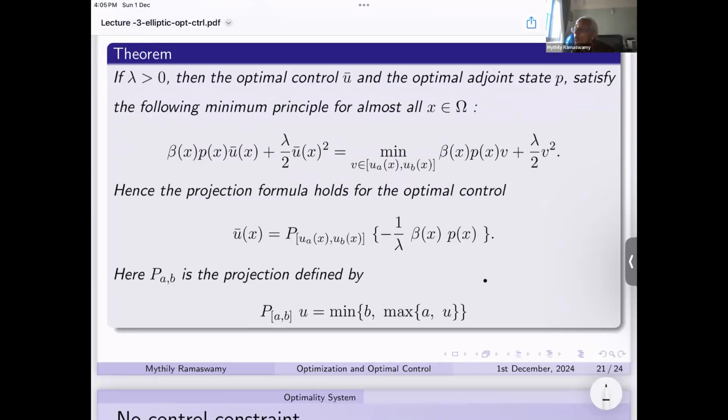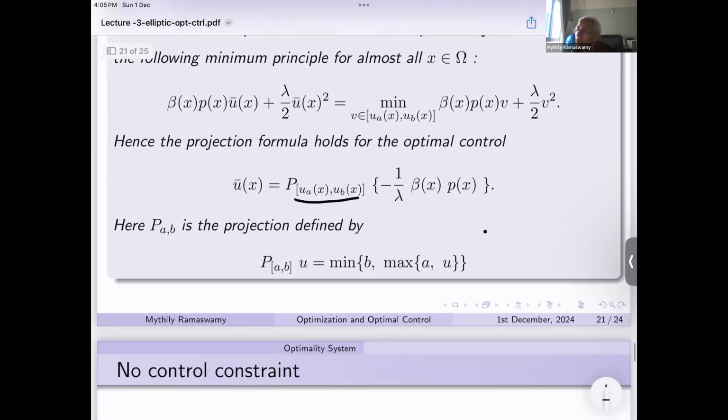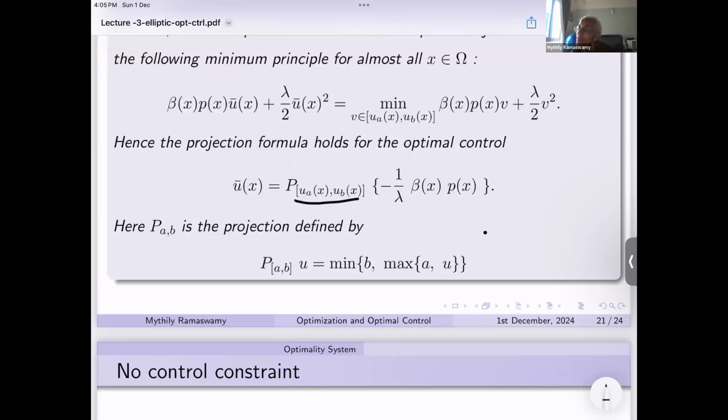If UA is minus infinity and UB is plus infinity, that is no control constraints, then everywhere U bar will be precisely this, the optimal control. Otherwise it will be the projection. The projection is defined in this range. So let us not worry about these constraints.